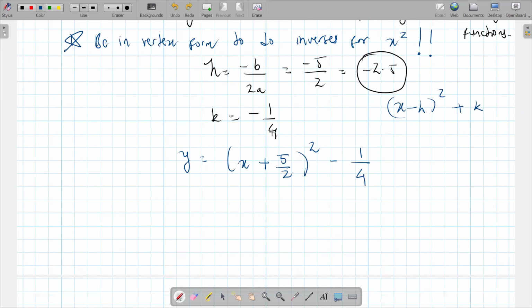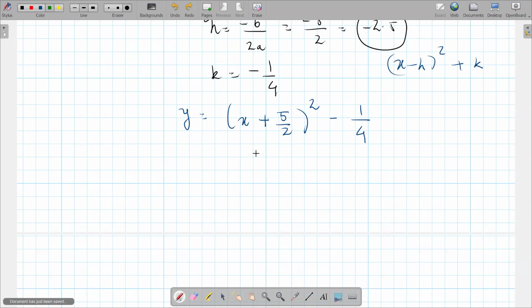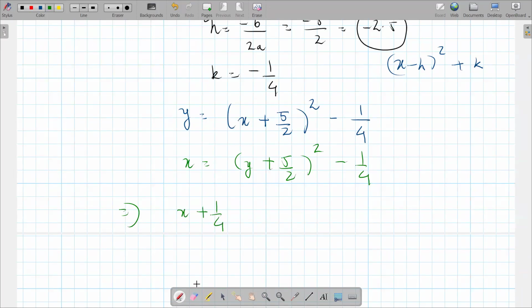Now let's find the inverse. From here, it's easy. The hardest part was knowing that you need to be in the vertex form, otherwise it's very difficult. How do we solve for y here? You square root it, right? What happens when you square root it at this level?